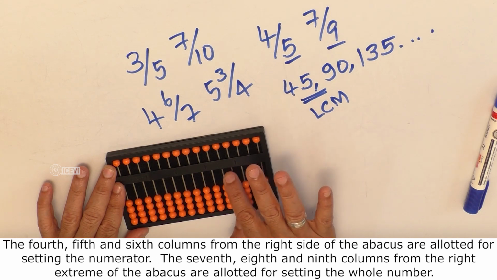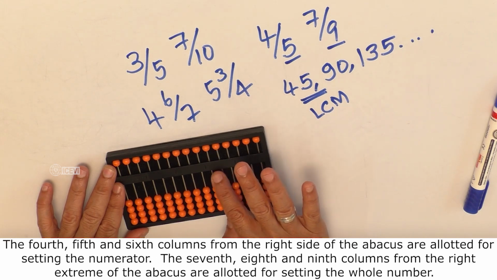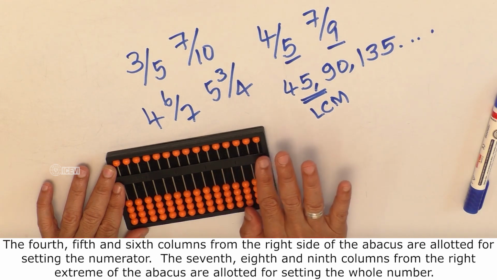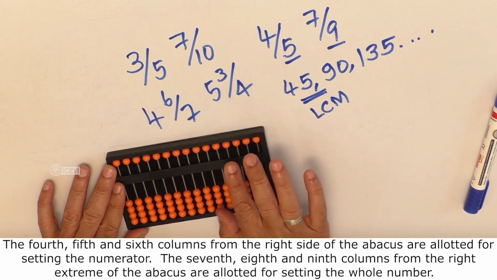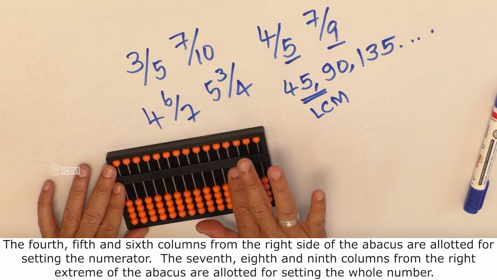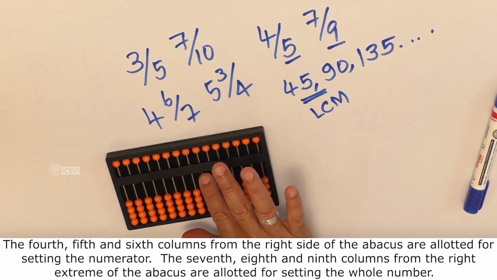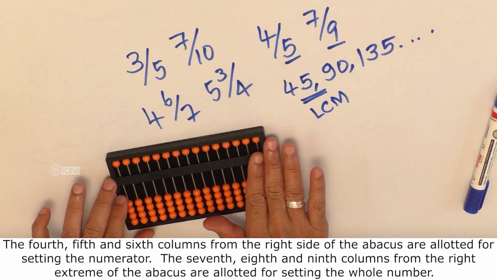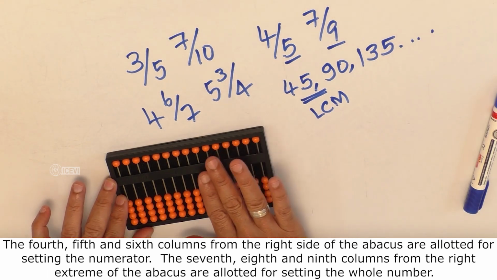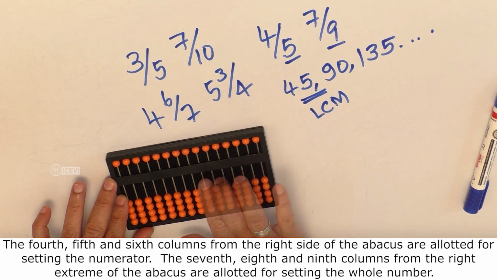The fourth, fifth, and sixth columns from the right side of the abacus are allotted for setting the numerator. The seventh, eighth, and ninth columns from the right of the abacus are allotted for setting the whole number.